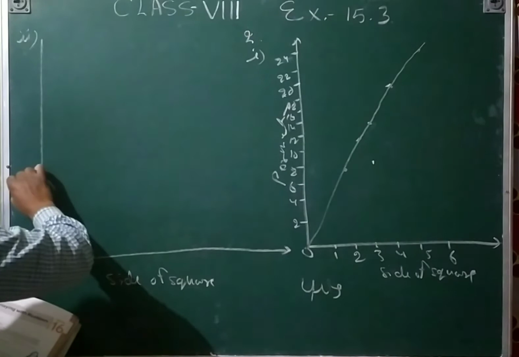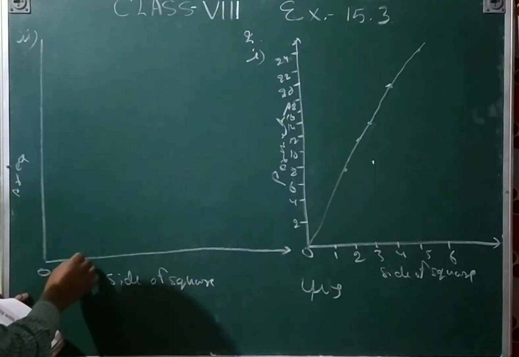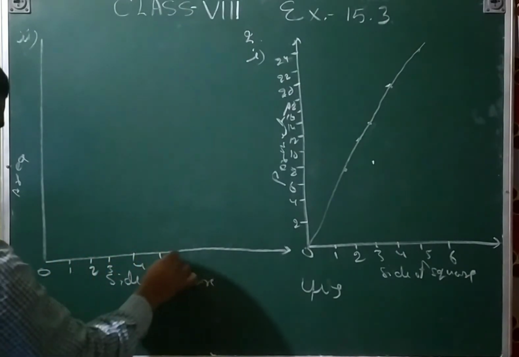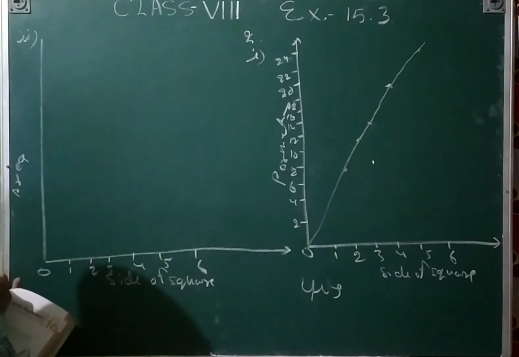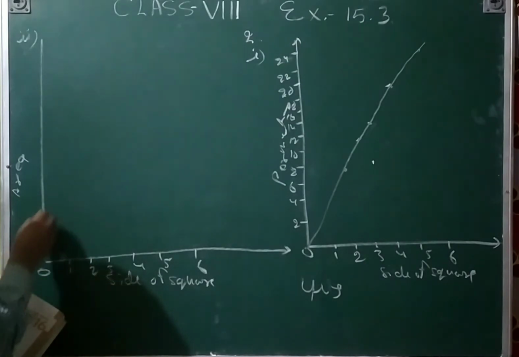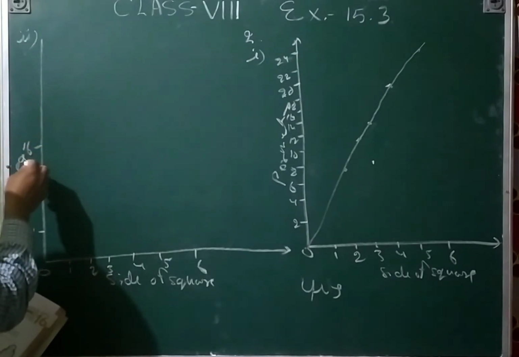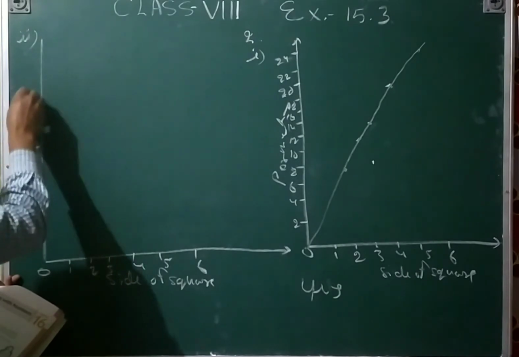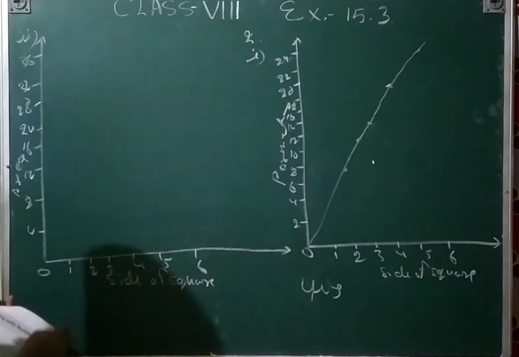This is the area. So we write the table of 1, 2, 3, 4, 5, 6, and then here we will write the table of 4, 8, 12, 16, 20, 24, 28, 32, and then 36.